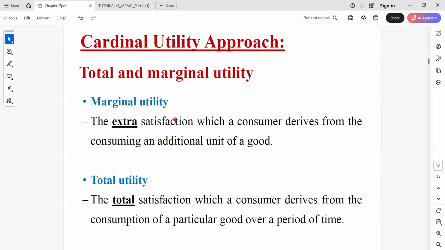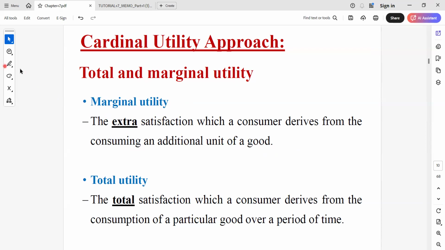Your marginal utility is the extra satisfaction which a consumer derives from consuming an additional unit of a good. The key word here is extra. Utility is the satisfaction you get, so marginal is the extra satisfaction that you get from consuming an additional unit of a good.